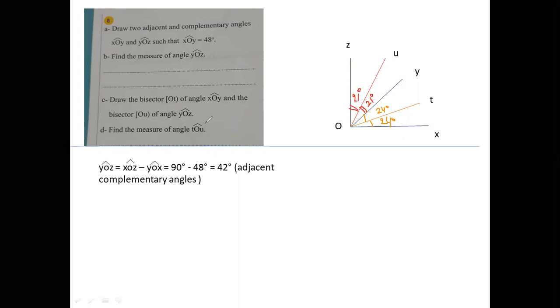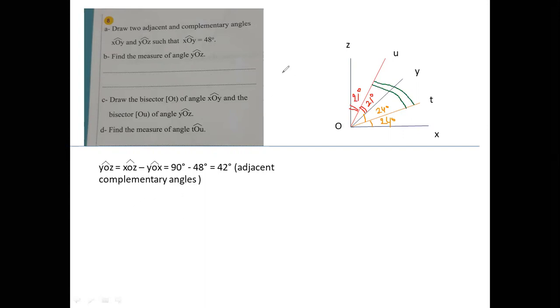Find the measure of TOU. So we are going to find the measure of this angle. What we did before is that we used the codes and measures on the figure when we drew the bisector, because we have to analyze what we have in the figure to make it easy for us to answer this question.